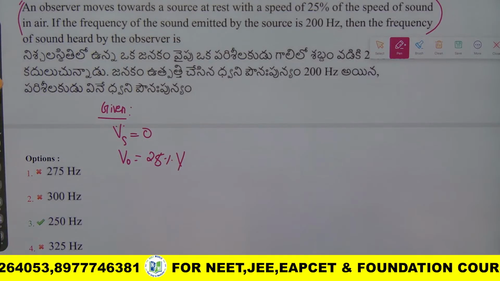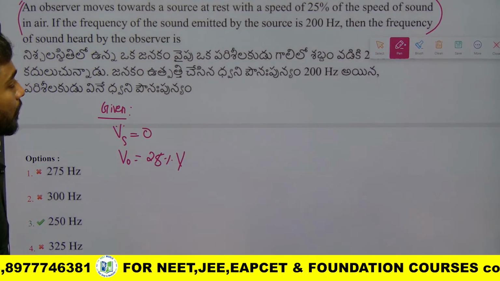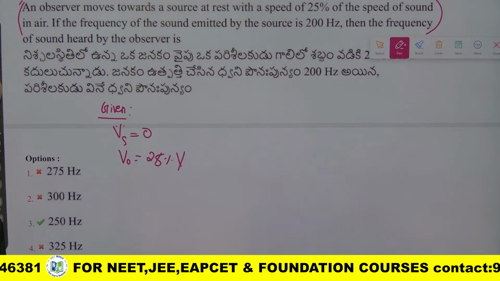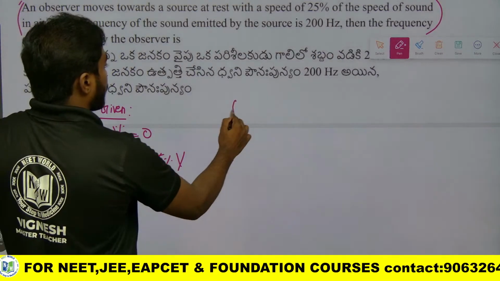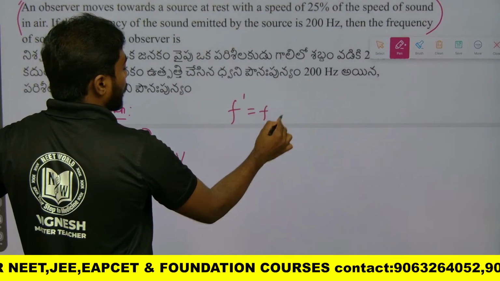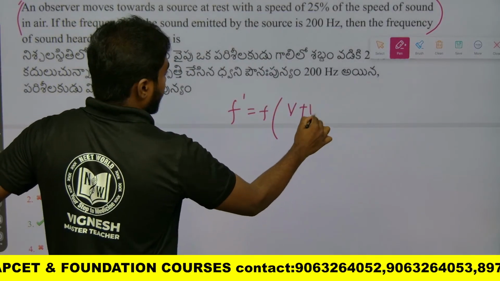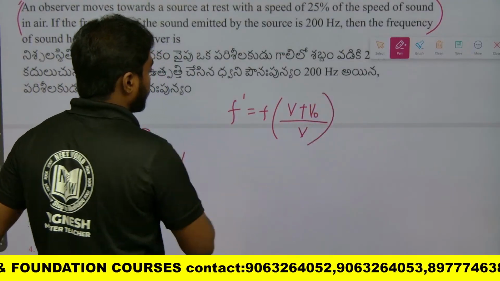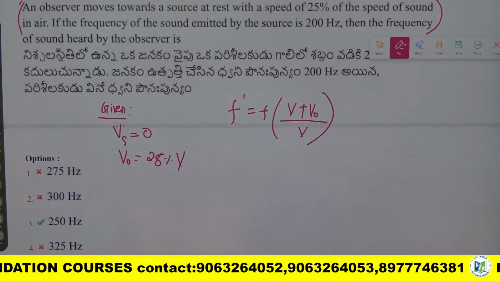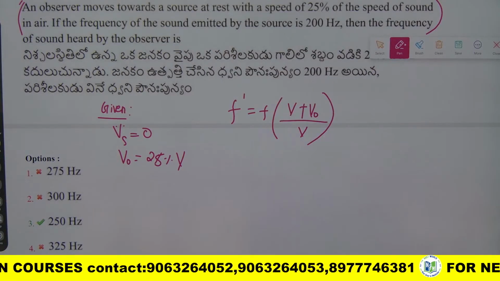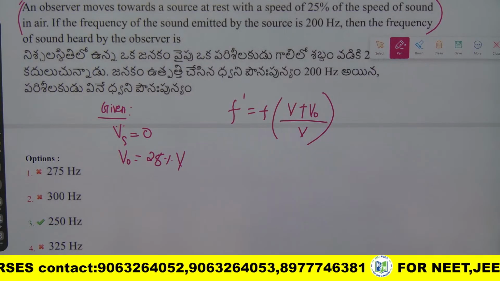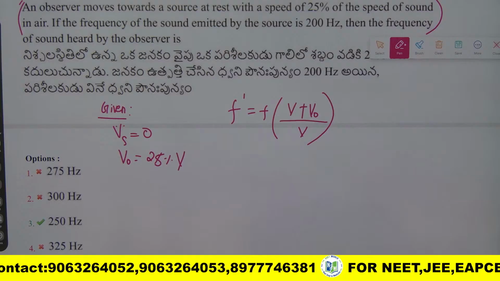The frequency of the sound emitted is 200 Hz, and we need the frequency heard: f dash is equal to f into (v plus v naught) by v. This is the direct formula. Use the given terms and solve it.